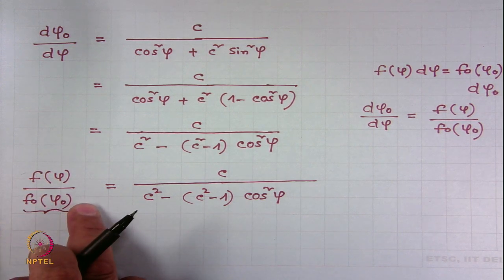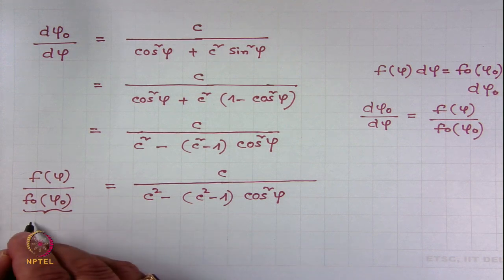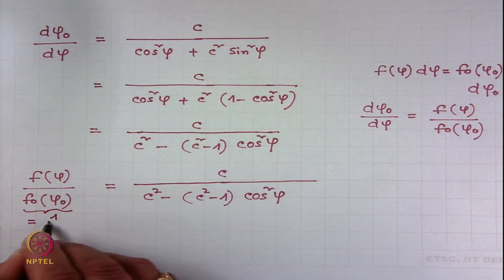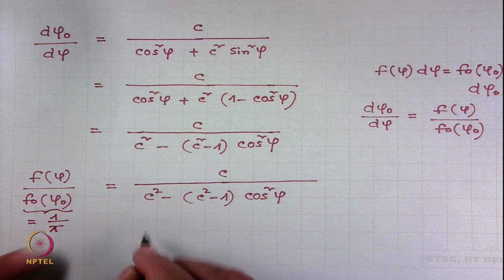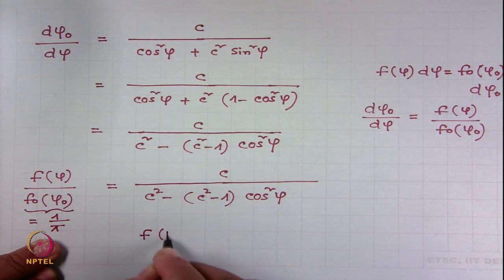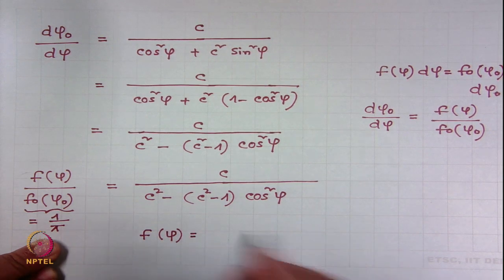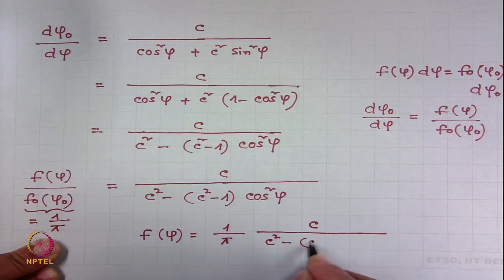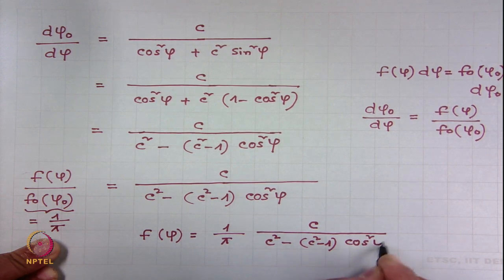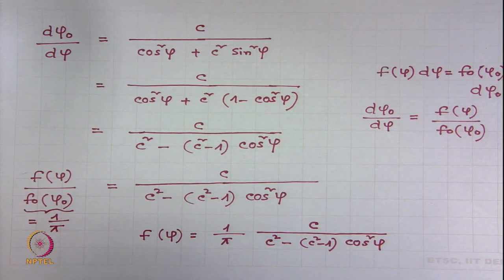Probability density function of isotropic orientation. We have already derived this value is equal to 1 by pi. So, f of psi is equal to 1 by pi times c by c squared minus 1 into cos square psi.